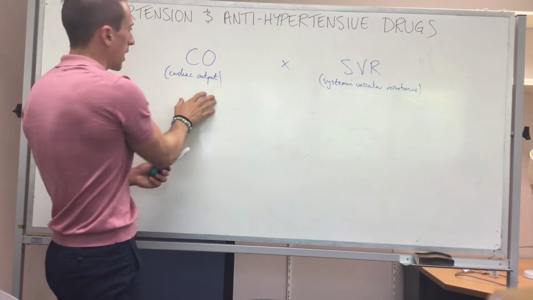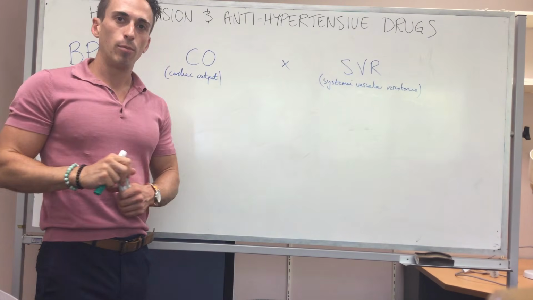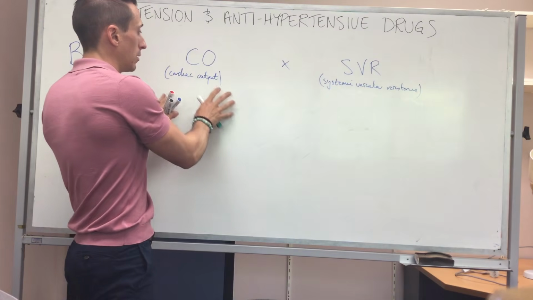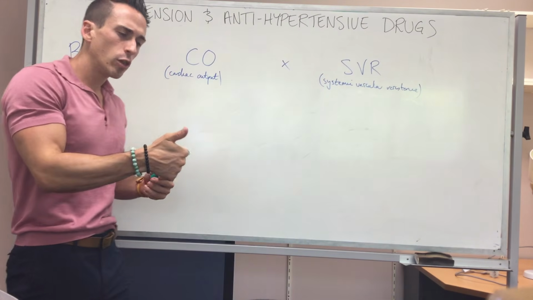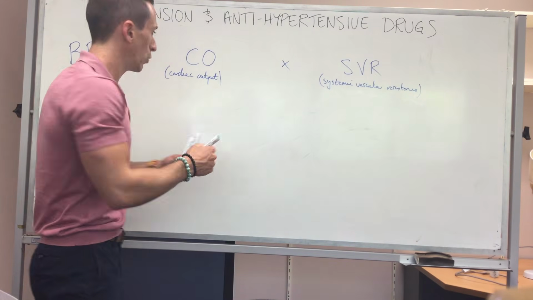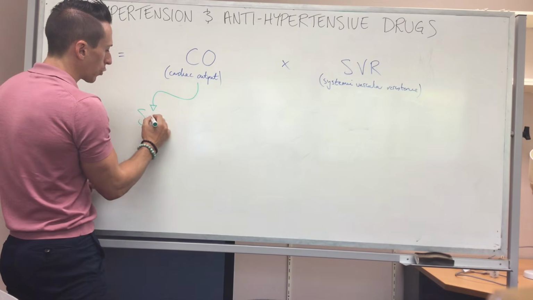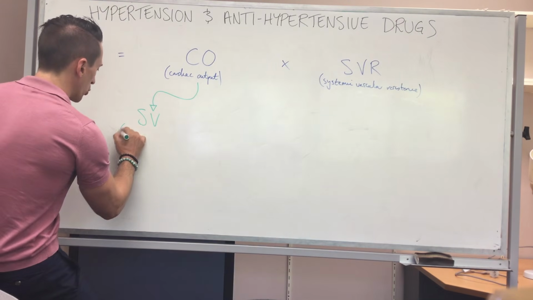Let's first focus on cardiac output. What defines cardiac output? So what are the contributing factors for this? Well, if it's the volume of blood being pumped out per minute, then the contributing factors would be stroke volume. Do you remember what stroke volume is?